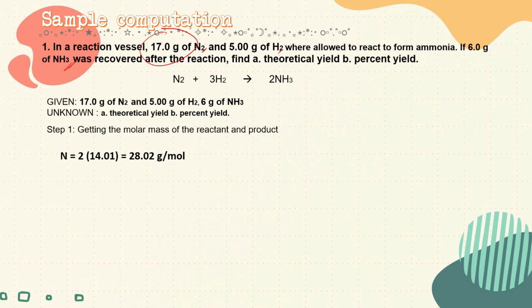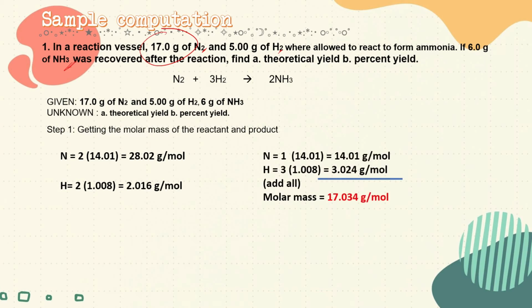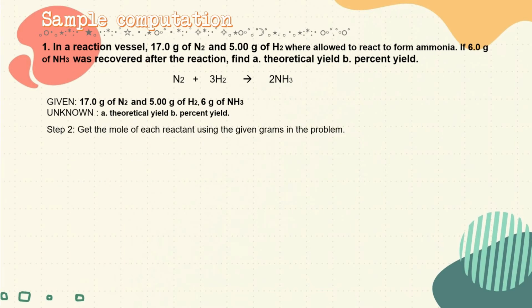We get that by multiplying the number of atoms of nitrogen in the compound and multiplying it to its atomic mass, which is 14.01, and that is equal to 28.02 gram per mole. Ganun din po sa hydrogen, we have 2.016 gram per mole, and the ammonia, which is 17.034 gram per mole. Now, we already get the molar masses.